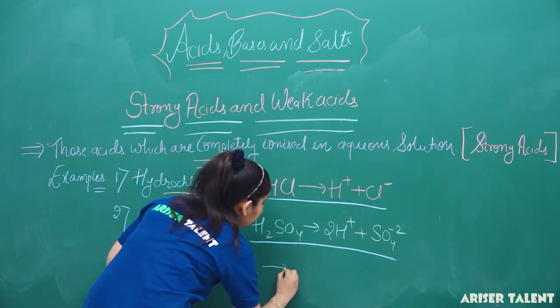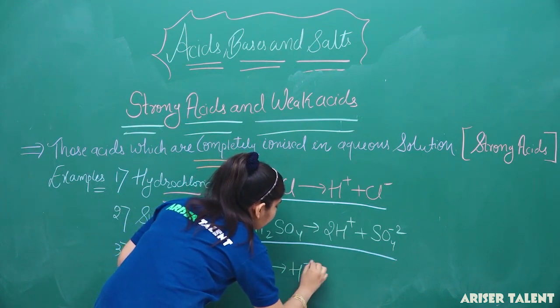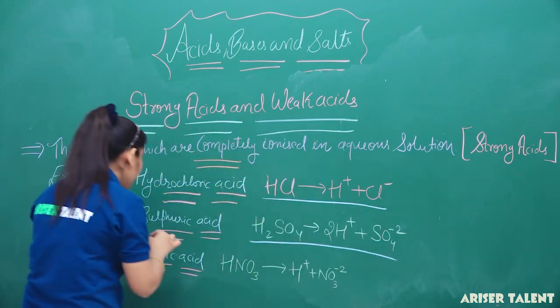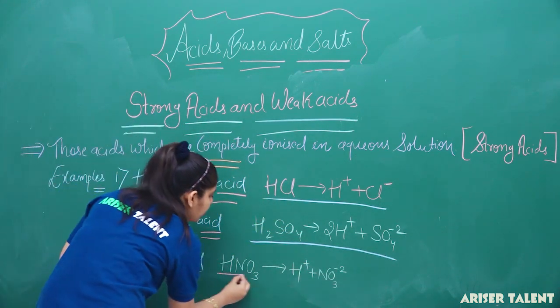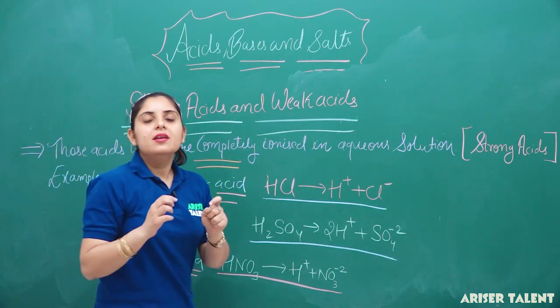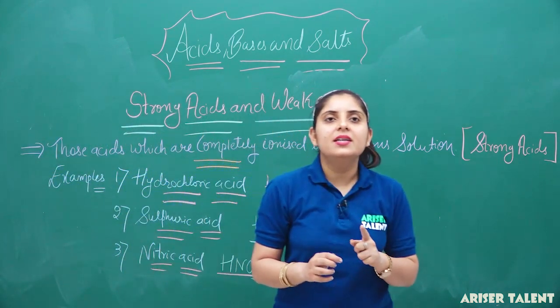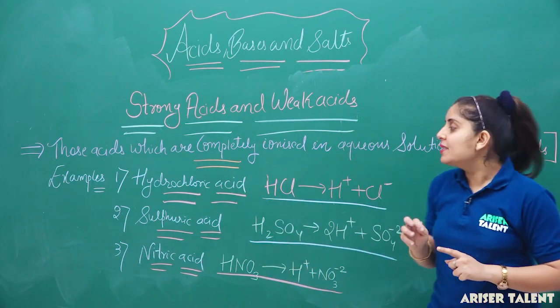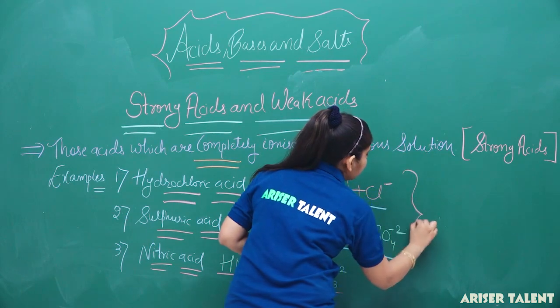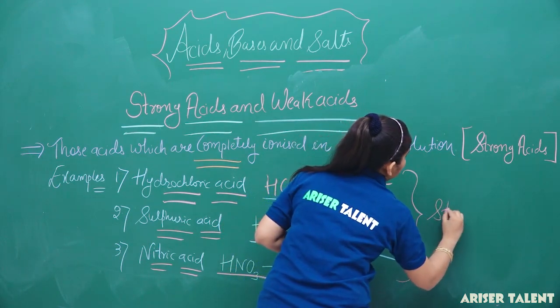When HNO3 dissociates, it gives H+ and NO3- ions. So this will be another example of a strong acid. So we can say that hydrochloric acid, sulfuric acid and nitric acid, all three acids are counted in the category of strong acids. So these are strong ones.